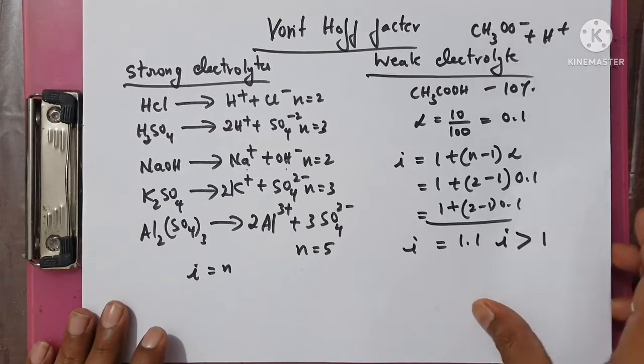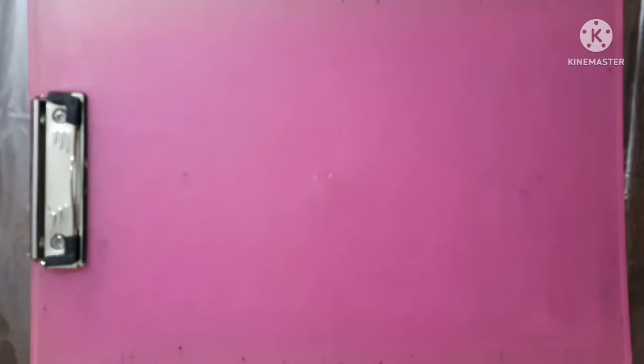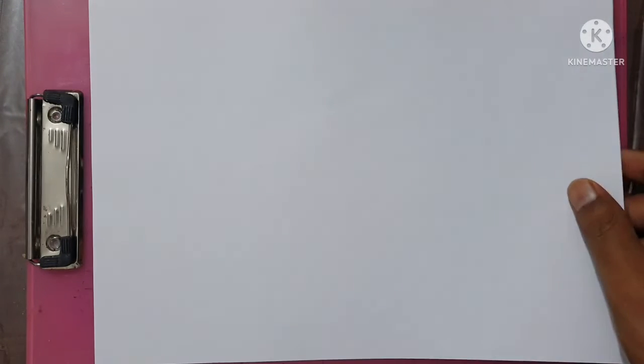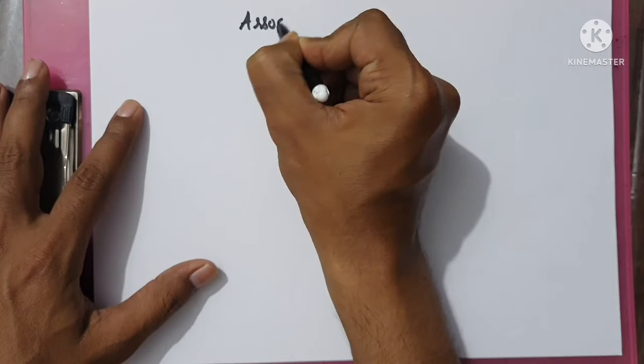We go for one more example. That is in case of association, that is formation of a dimer. So in case of a dimer, what is going to happen? I'll just show you that also. For acetic acid, let us consider association now.